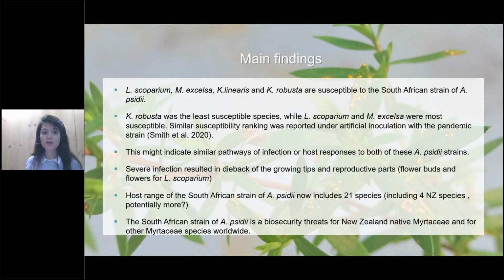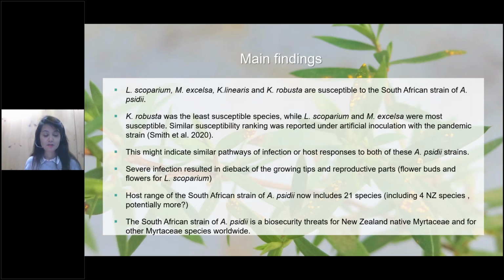Kunzea robusta was the least susceptible species, while Leptospermum scoparium and Metrosideros excelsa were the most susceptible. A similar susceptibility ranking was reported under artificial inoculation with the pandemic strain, and this might indicate similar pathways of infection or host responses to both of these Myrtle Rust strains.